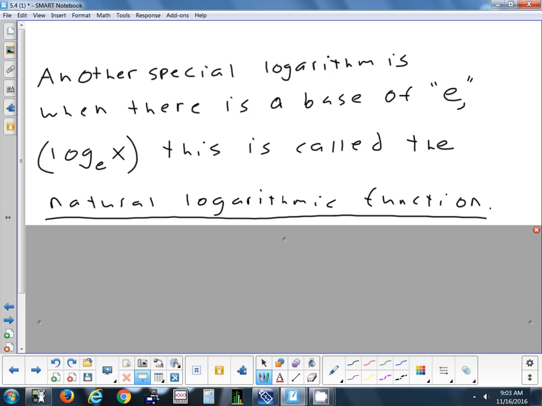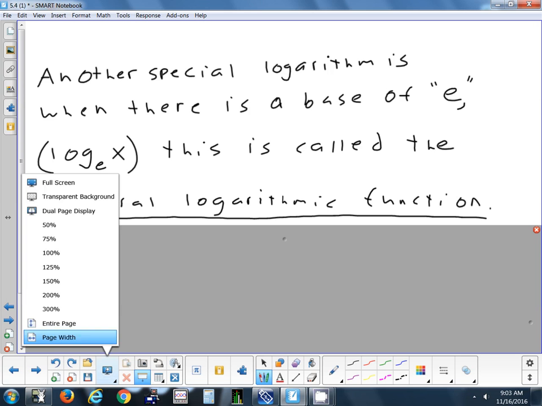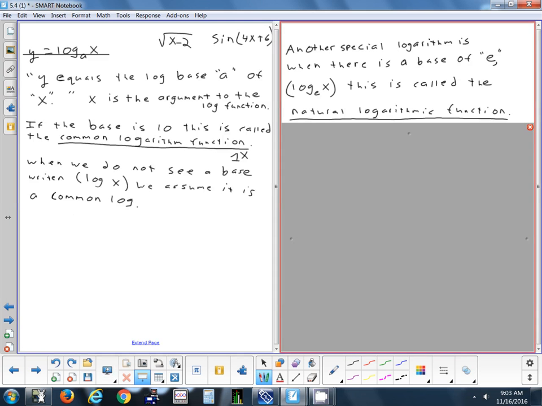Notice, what's the base on the natural log? E. When did we talk about e? Yesterday, when we talked about that special function, I graphed 1 plus 1 over x.